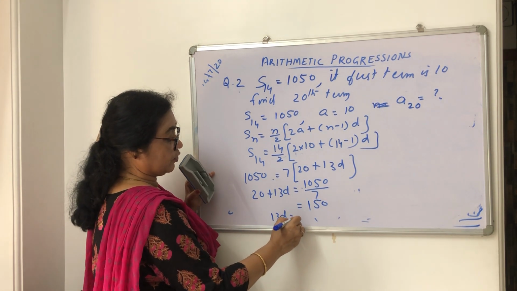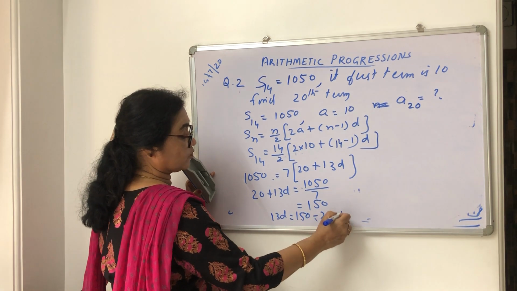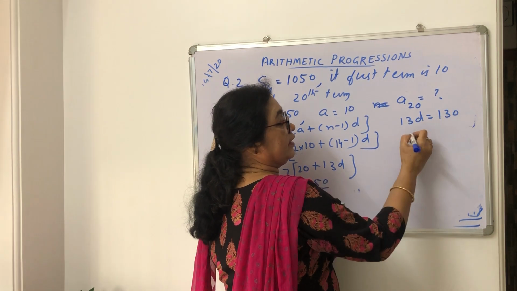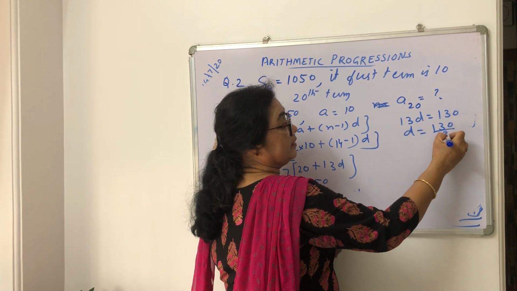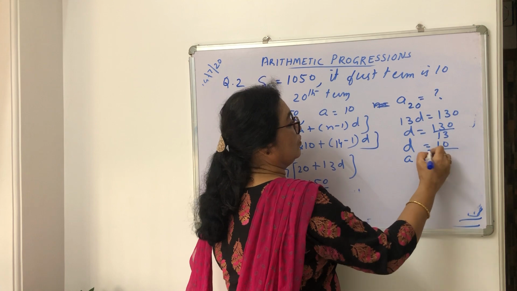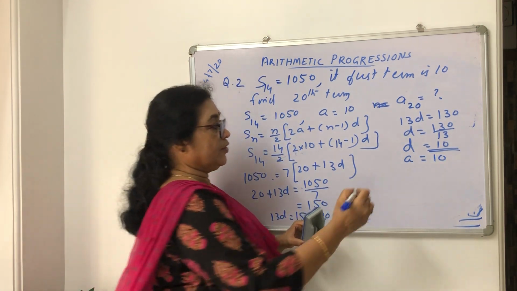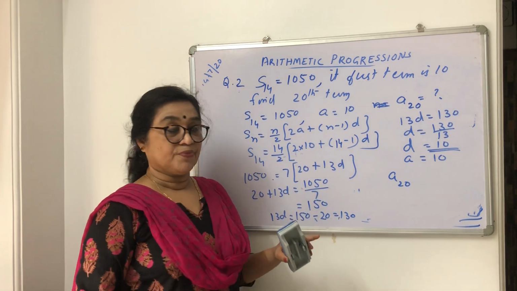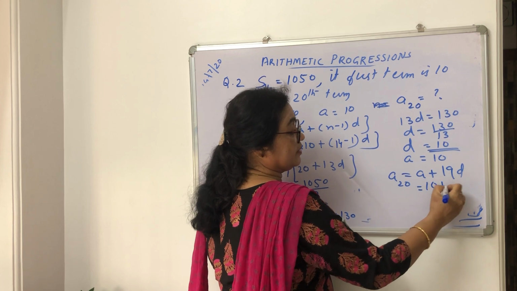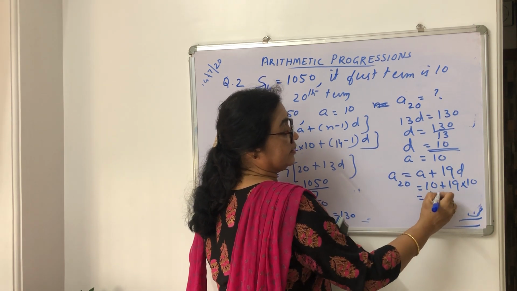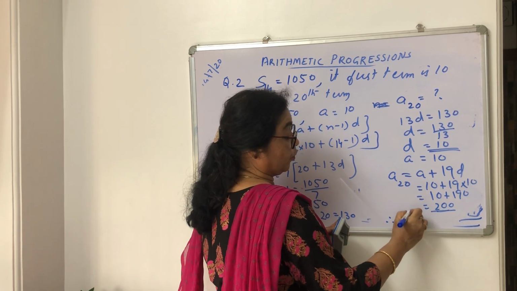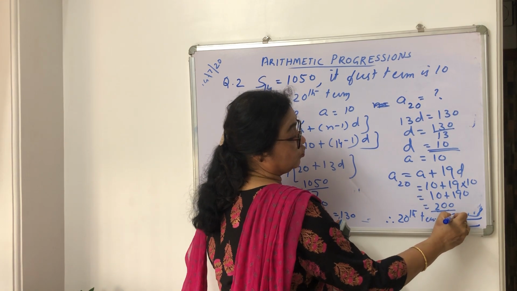Then 13d is 150 minus 20, which is 130. So d is 130 by 13, which is 10. D is 10 and a is 10. Now find A20. A20 is a plus 19d, that is 10 plus 19 into 10, which is 10 plus 190 equal to 200. Therefore, the 20th term is 200.